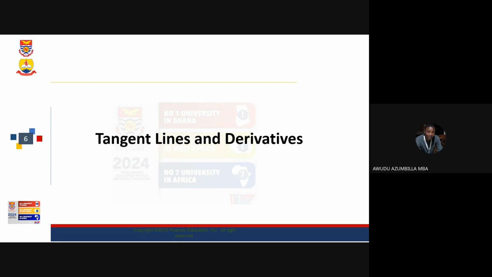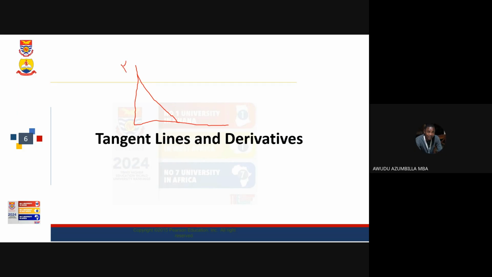When we talk about the tangent line, it's a line that touches the surface of a circle. Now, when you are finding the slope of a straight line, you have this line, and you are finding the slope of this line.